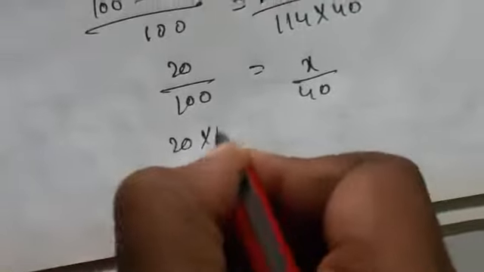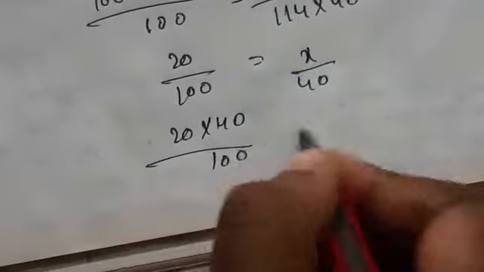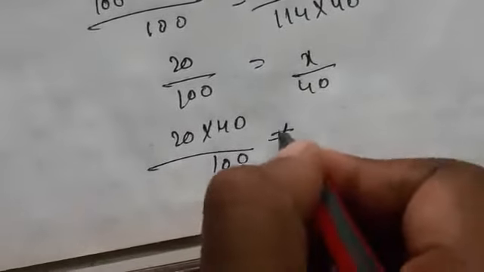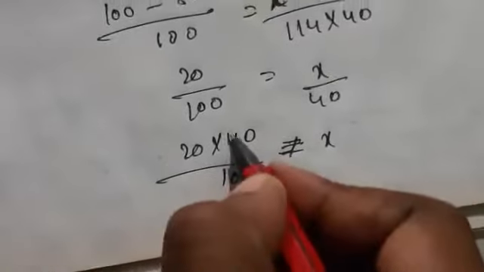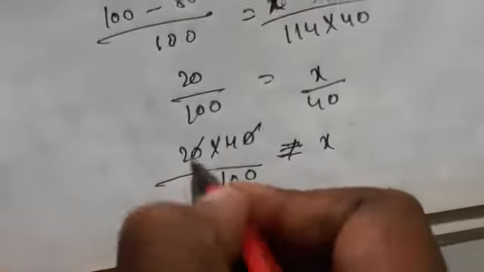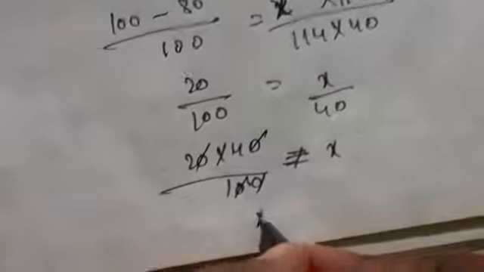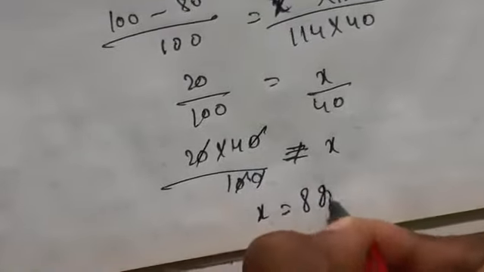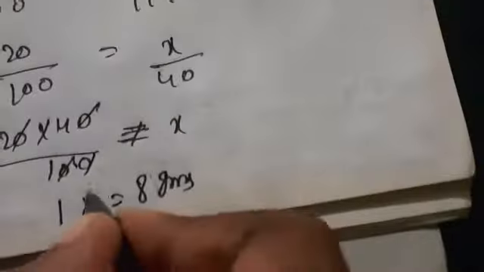So 20 into 40 by 100 is equal to X. So X is equal to 8 grams. Have you observed? So the weight of the non-volatile solute will be 8 grams.